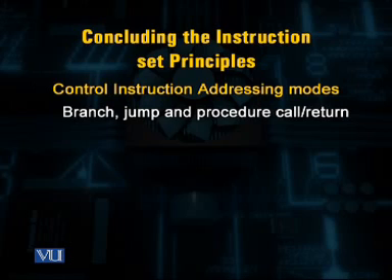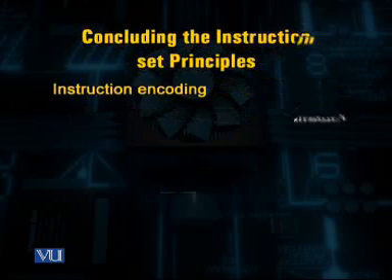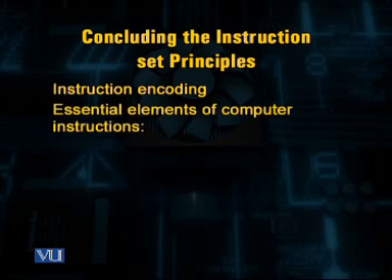call and return operations. Then we switched our attention to encoding of instructions, where we discussed in the last lecture the essential elements of computer instructions, and then instruction word length, which I summarized in the beginning also, and then the comparison between the different formats of the hybrid word format.